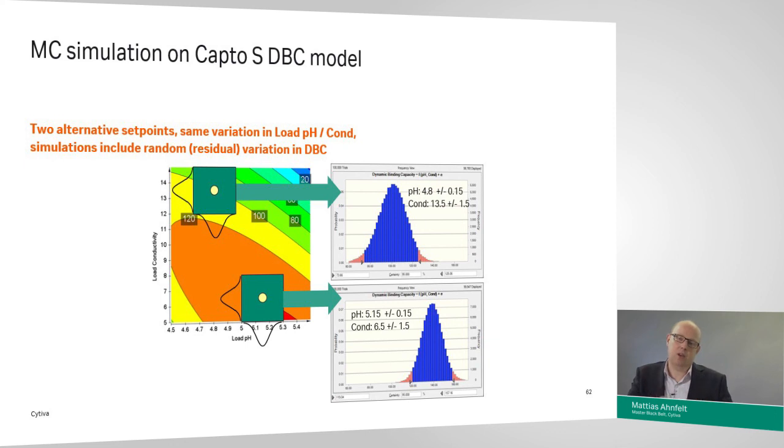And this would have been quite difficult to get, or let's say it's quite available to get this kind of information when employing a probabilistic method like Monte Carlo to a DoE transfer function, a DoE model.